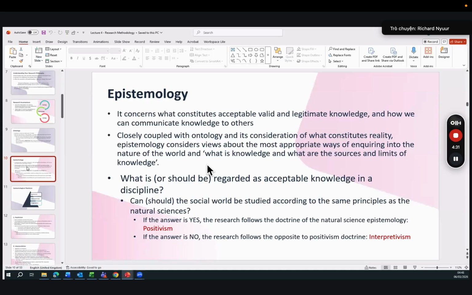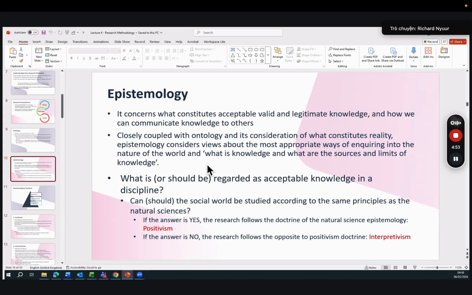The reality exists irrespective of what social actors are. But in epistemology, here we are looking at what is acceptable, the validity, the legitimacy, and reliability of the knowledge that is created.